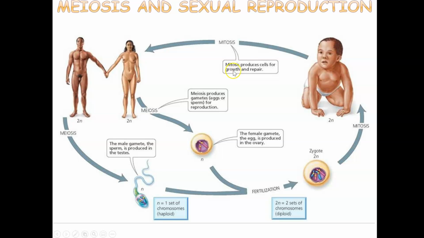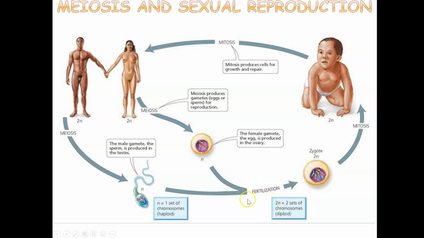Mitosis also allows, as you know, for cells to repair themselves and for dead cells to be replaced. So this is a combination of what's going on. Two things are happening in this diagram. You have meiosis happening here, which produces a zygote eventually after fertilization.